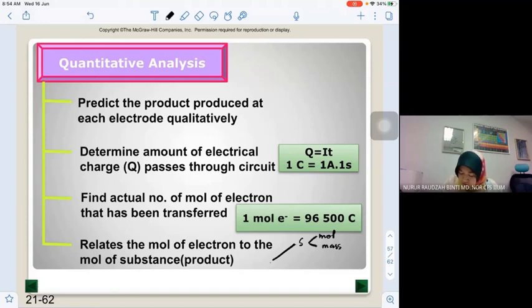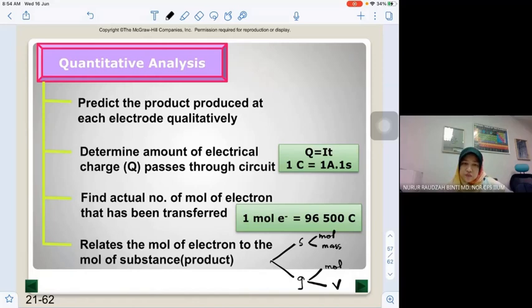If we have a gas product, for example the oxidation of H2O, when H2O is oxidized it will produce oxygen, right? So the oxygen will be produced at the anode. We can calculate the number of moles of the gas produced, and instead of calculating mass for a gas, we can calculate the volume occupied by that gas.